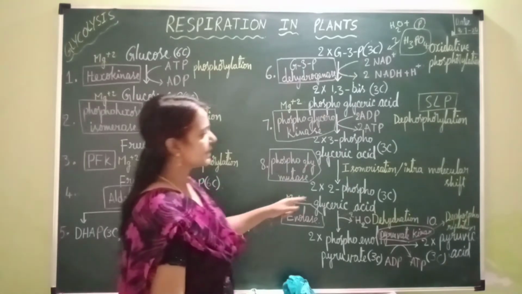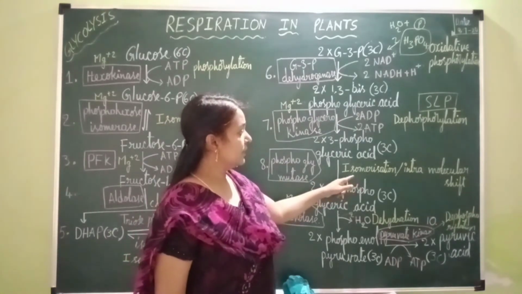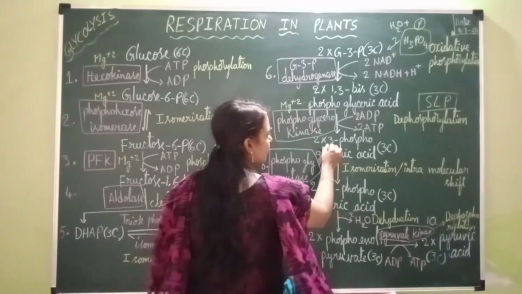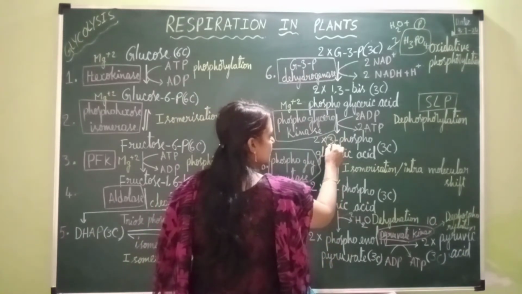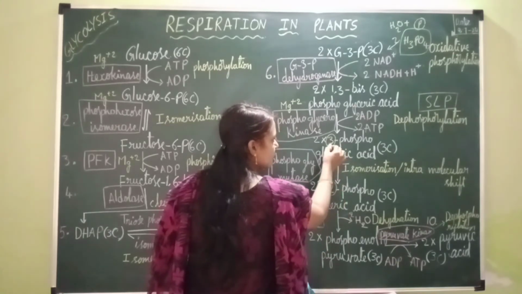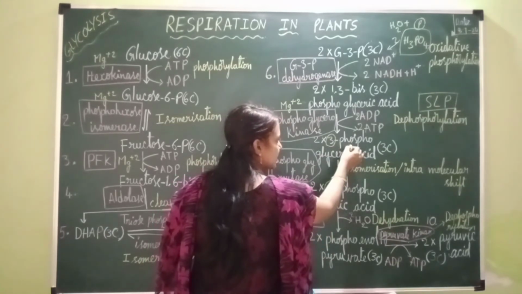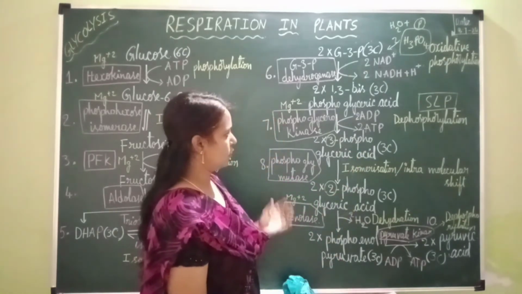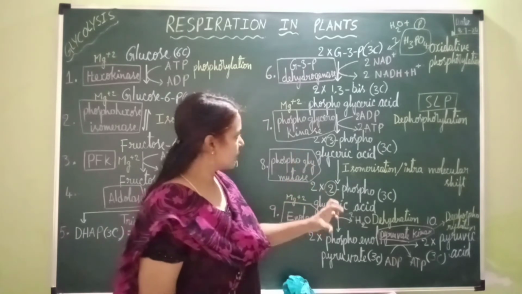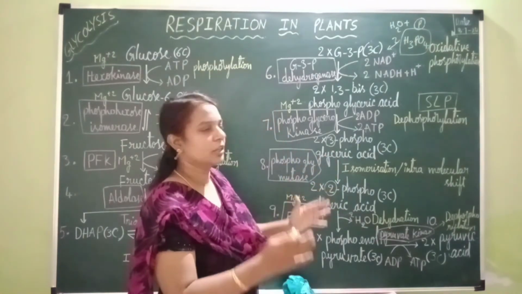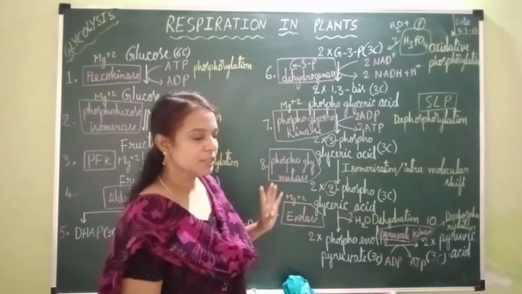It is also called intramolecular shift, because here the phosphate group present at 3rd position has been shifted onto 2nd position. Hence 3-PGA has become 2-PGA. Phosphate has been shifted within the same molecule, hence it is called intramolecular shift.